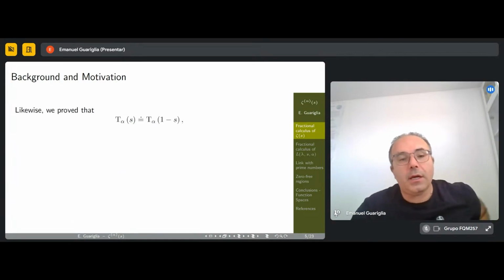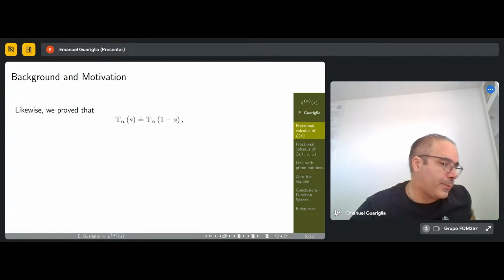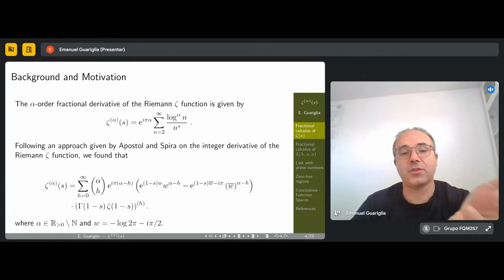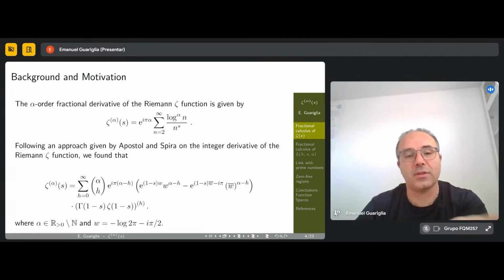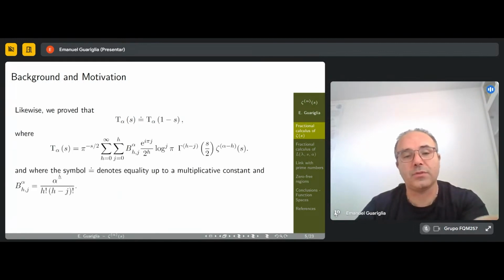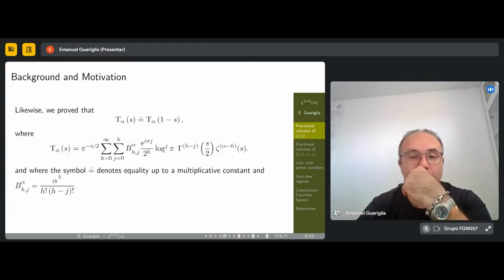In the same way, we can prove that there is also an equivalent of the symmetric functional equation, because the Riemann zeta function has a symmetric functional equation, and the same holds for the fractional derivative. So T alpha of s is almost equal to T alpha of 1 minus s.